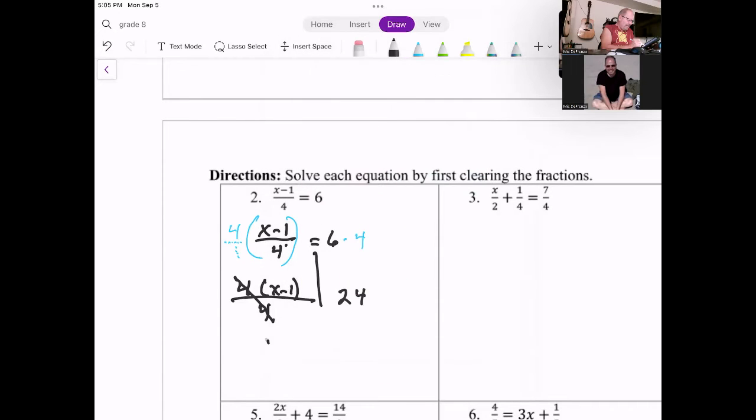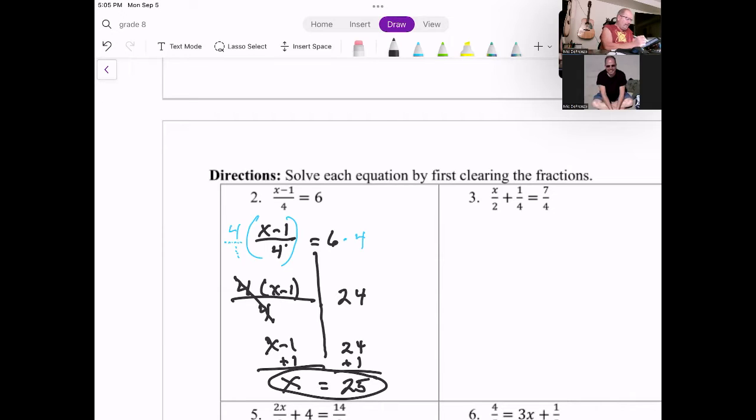So I get x minus 1, and I get 24. And then I'm going to just add 1 to both sides. And I have x alone, and it equals 25.